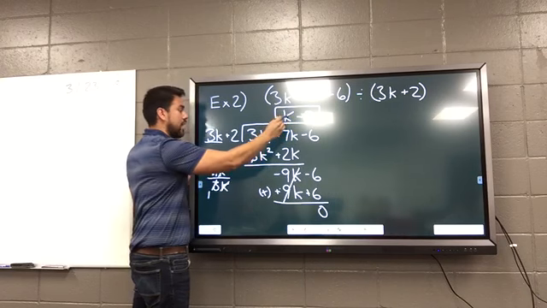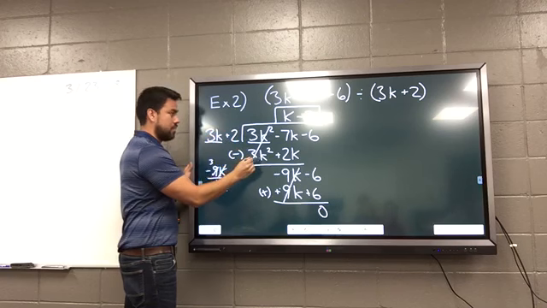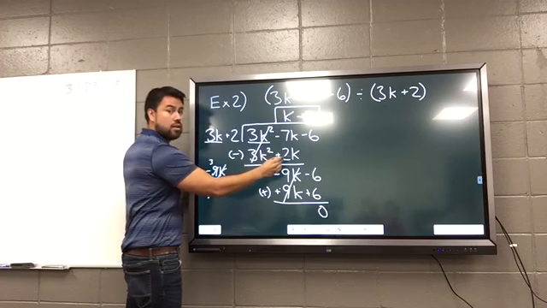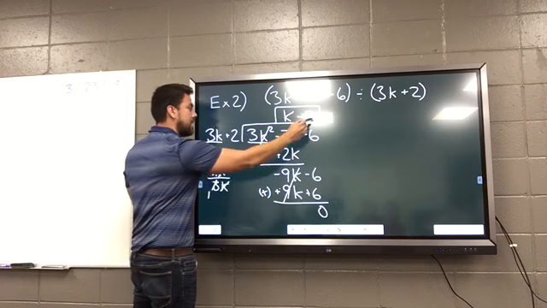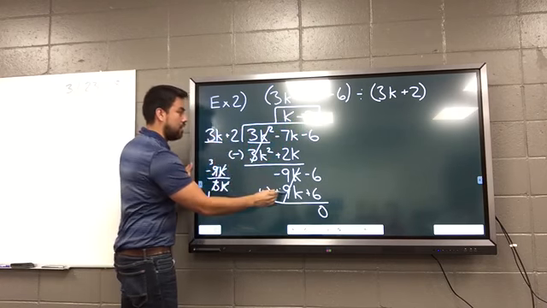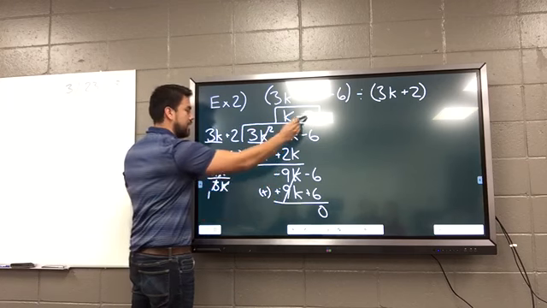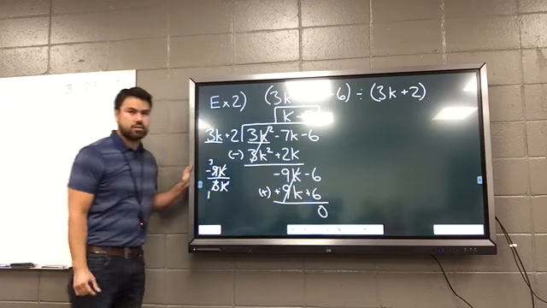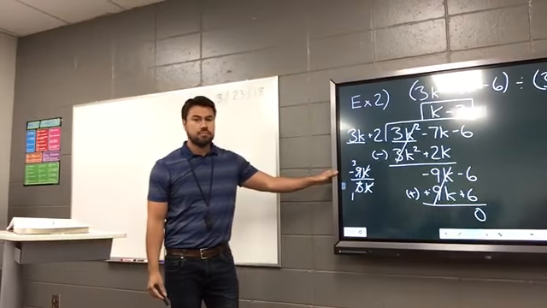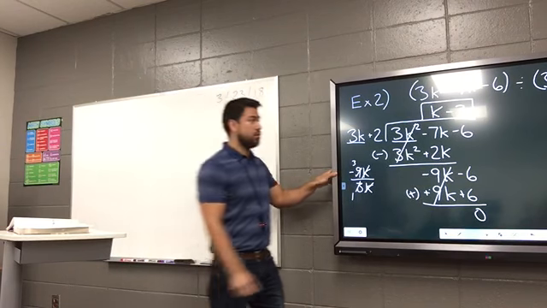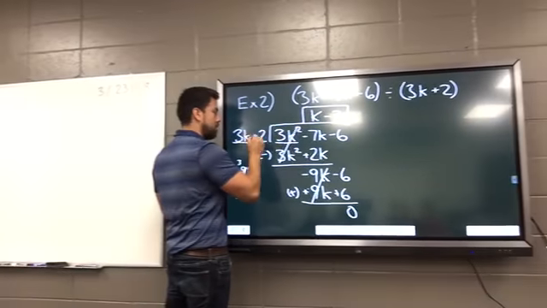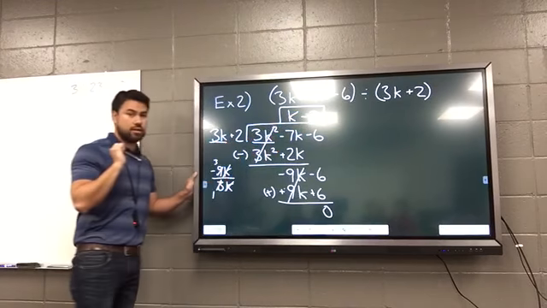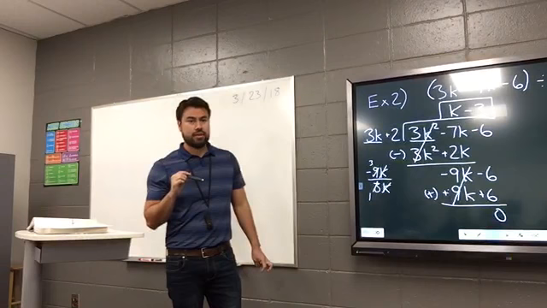I did k times 3k and k times 2 to get this, and I did negative 3 times 3k, which, again, we changed the signs, and negative 3 times 2 to get those two, but I had to change the signs after. So you always do the first and then the last? Yeah, you do this term by both of these, this term by both of these, multiplying. You multiply them. Yes. Okay.